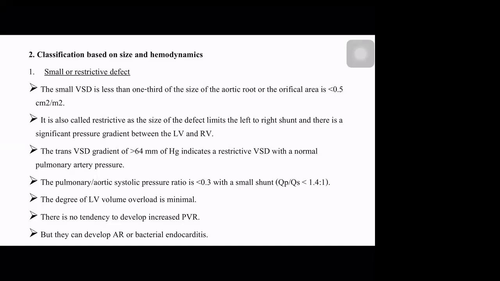That is, the QP/QS ratio is mostly less than 1.4:1. Eventually, the degree of LV volume overload is minimal, and there is little or no tendency to develop increased PVR, but they can develop aortic regurgitation or bacterial endocarditis in future.